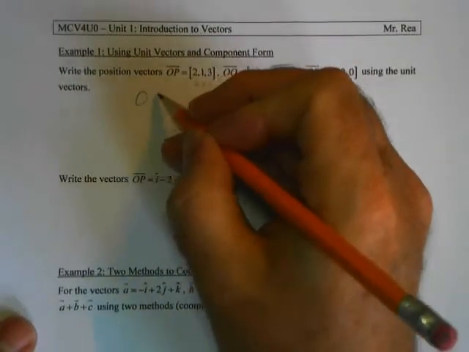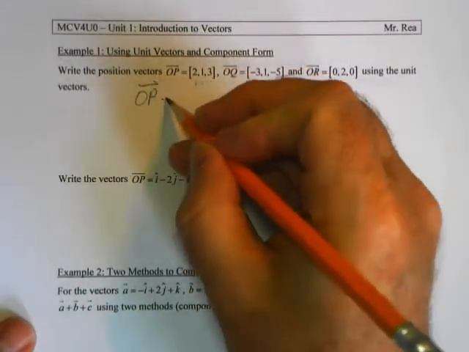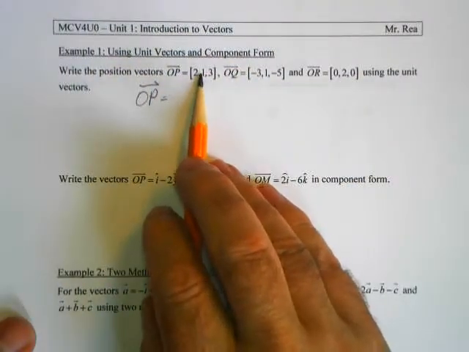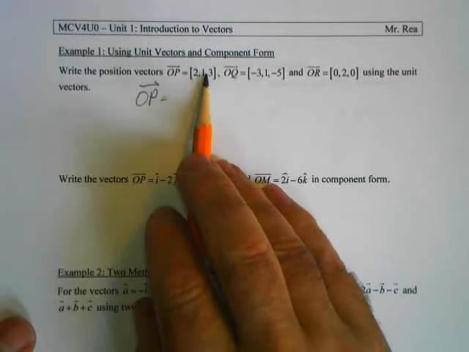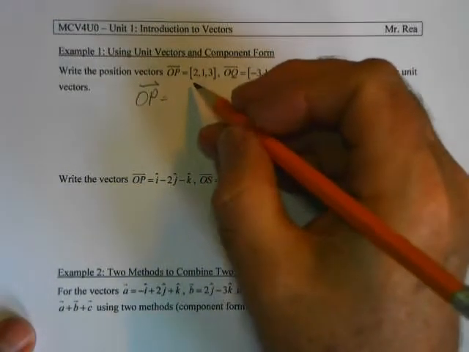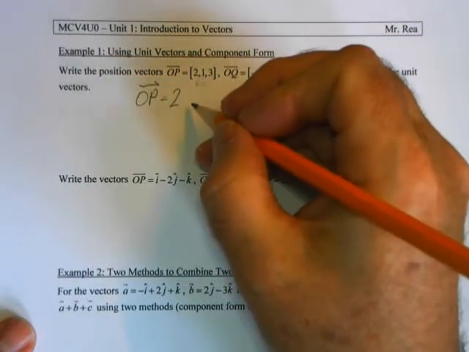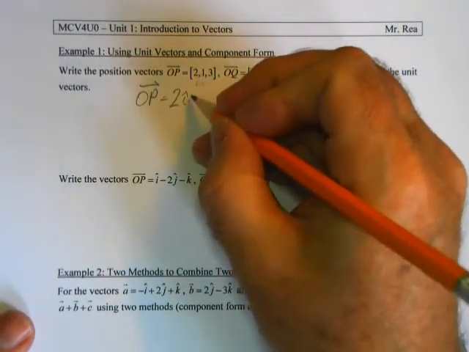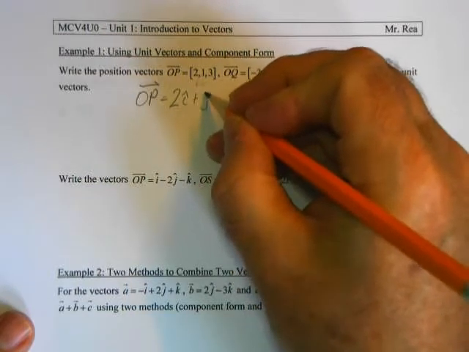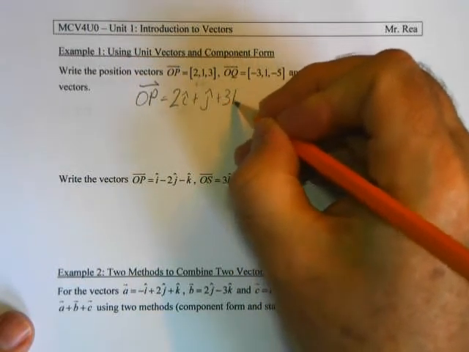So that's fairly easy to do. Remember, these numbers represent the scalar multiples of i hat, j hat, k hat, so we're just combining them together in one expression. So this would be 2i hat plus j hat plus 3k hat.